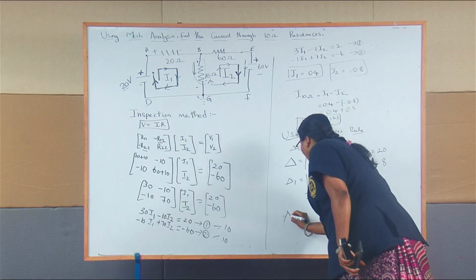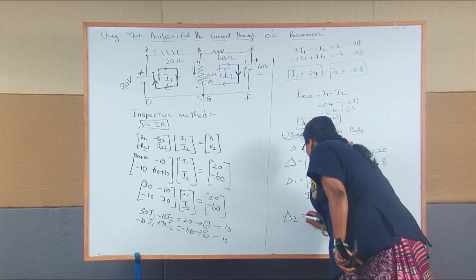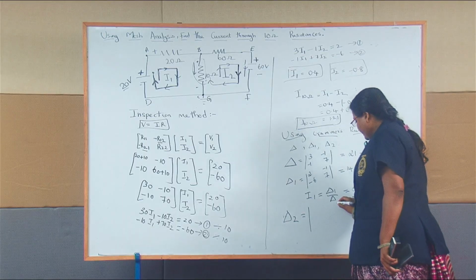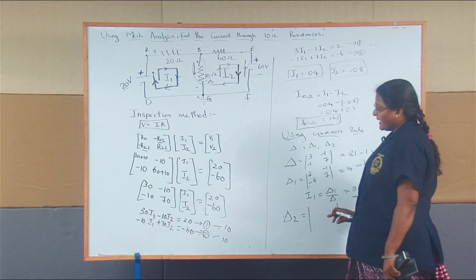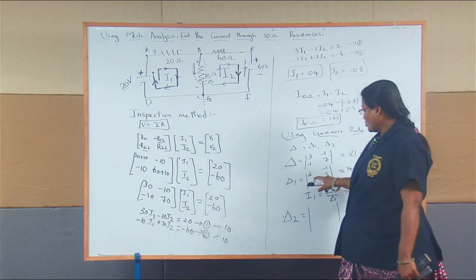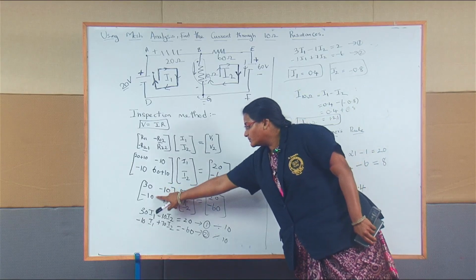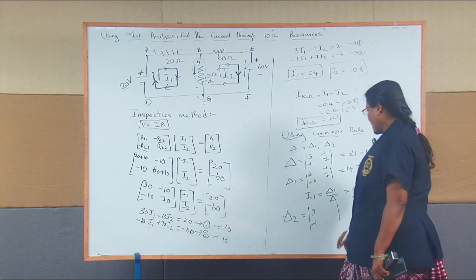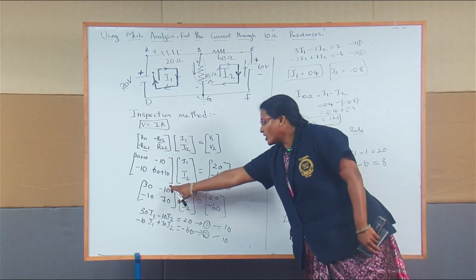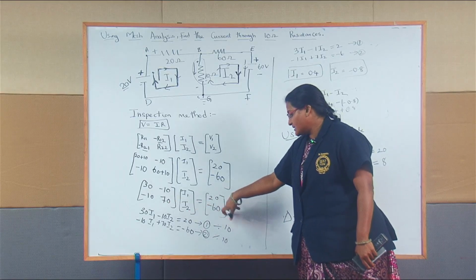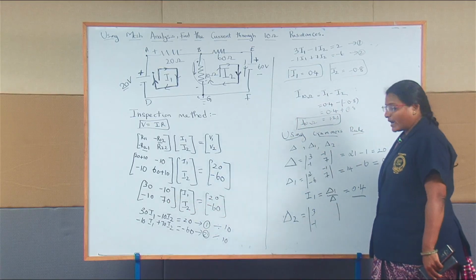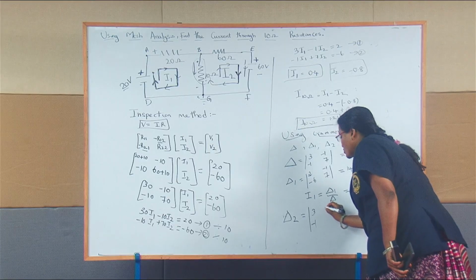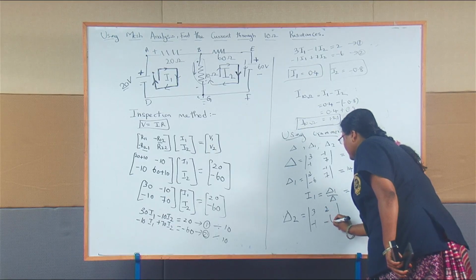Similarly, you have to find out your del 2 value. For del 2, you have to replace this column in the matrix with 2 minus 6. So here it is 3 minus 1, this column. Instead of 10 and 70, you have to replace with 20 and 60, divided by 10, so here 2 minus 6.